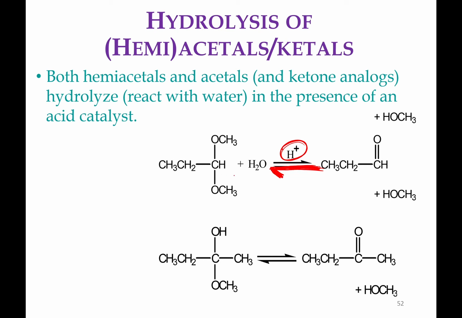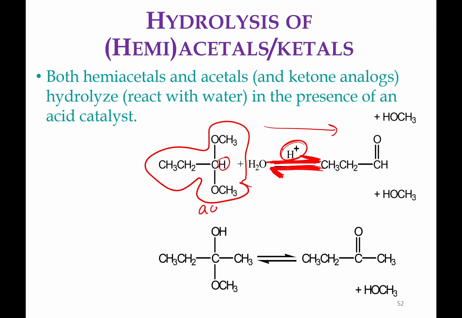And what happens is we can go both directions, right? So we can go forward or backward. In this case, this is the reaction we want to talk about, the forward reaction. So we have what here? We have an acetal, and we have a full-on acetal because I have an R, O, C, O, R group.